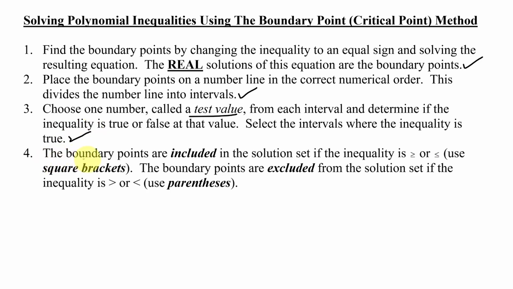Step 4 says the boundary points are included in the solution set if the inequality is greater than or equal to or less than or equal to, and we use square brackets. The boundary points are excluded from the solution set if the inequality is greater than or less than, and we use parentheses.